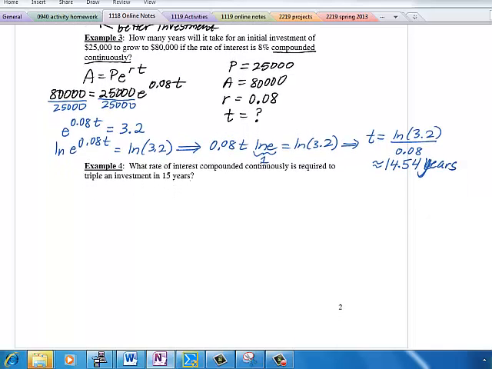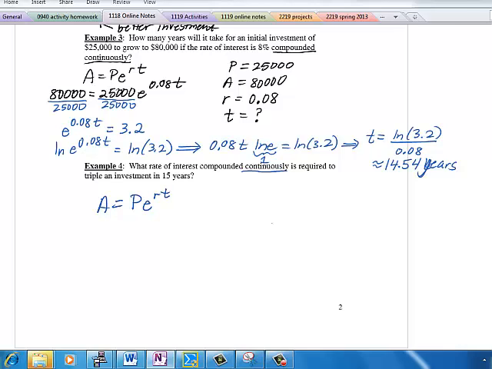The next example, what rate of interest compounded continuously is required to triple an investment in 15 years? So because it says compounded continuously, we want to use account balance equals P times e to the r times t.